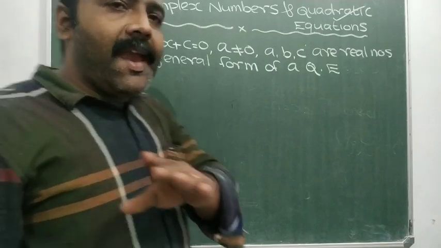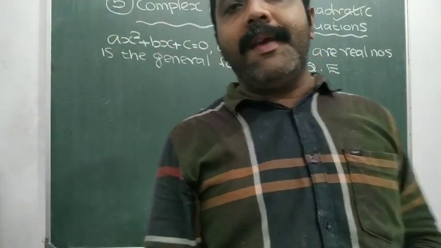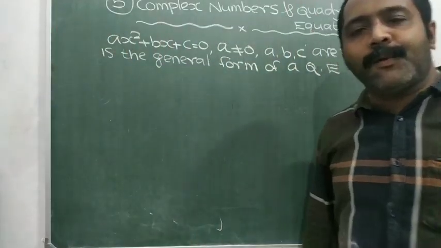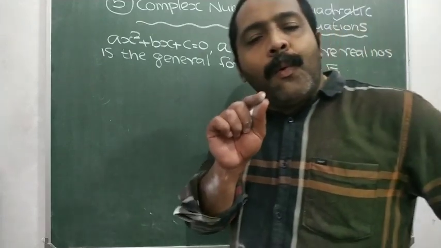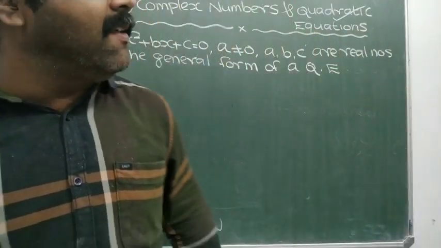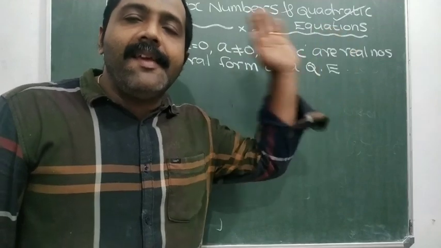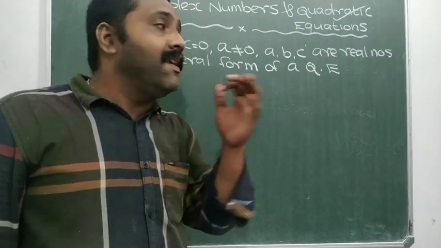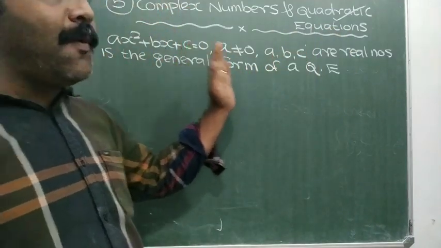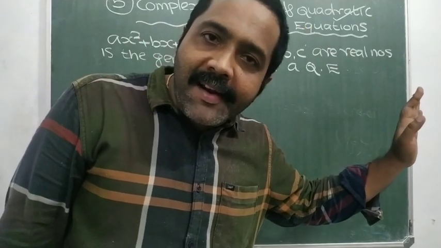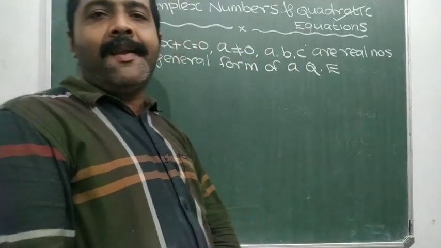Tell me, ax square plus bx plus c is equal to 0, a not equal to 0, a, b, c are real numbers is the general form of a quadratic equation.